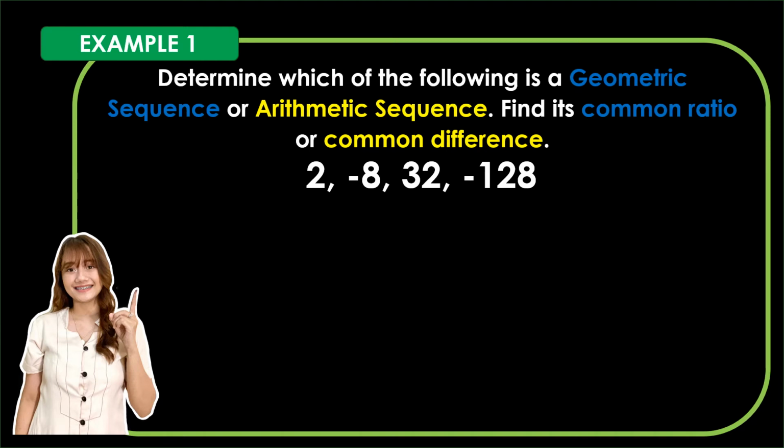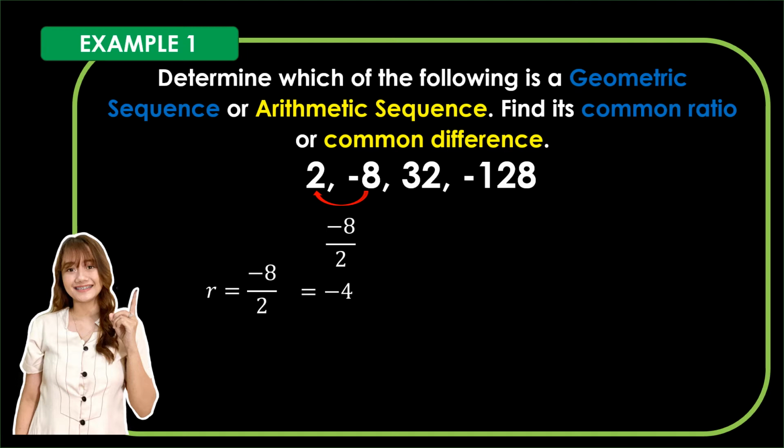So we divide any term by its preceding term to know if they have a common ratio. So we have -8 divided by 2. And we know that -8 divided by 2 gives us -4.